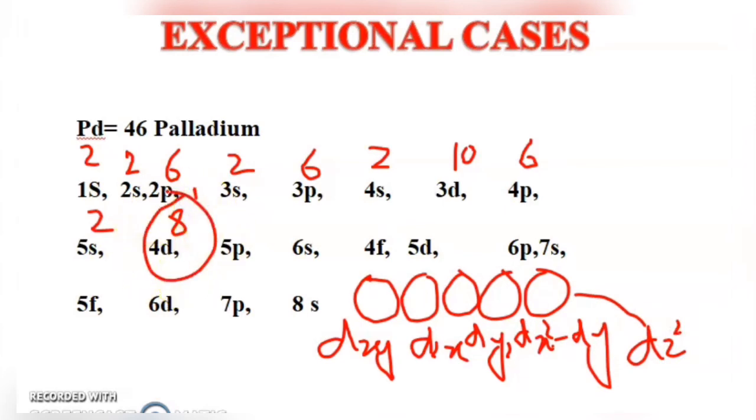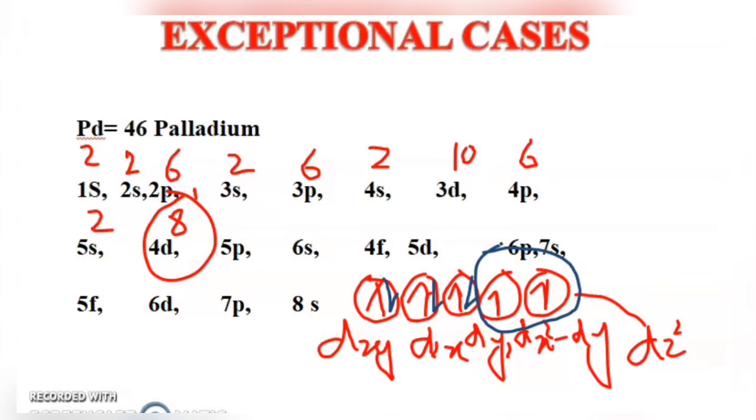There are 8 electrons in d: 1, 2, 3, 4, 5, then 6, 7 and 8. It means that dx square minus dy square and dz square are partially filled. We can only follow the pattern: either all orbitals must have one electron, like partially filled, or all orbitals in the d subshell are fully filled, like 2 electrons in each orbital.